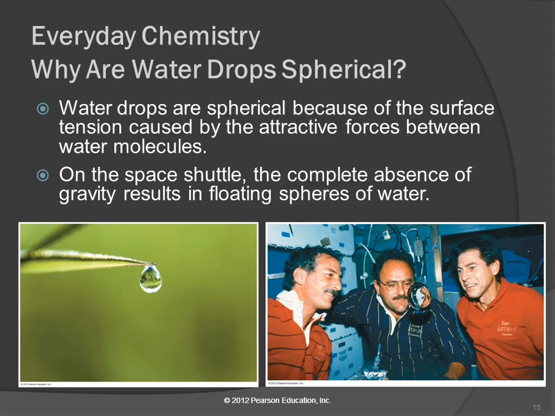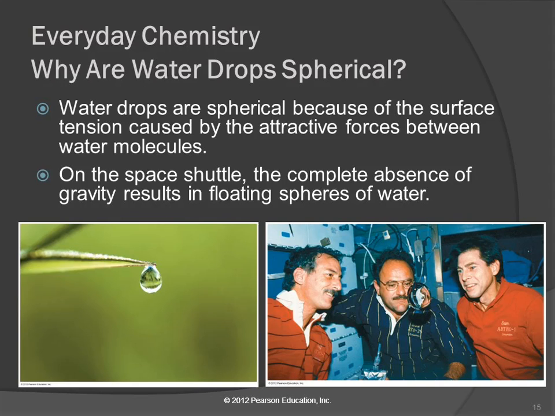And this is the reason that water drops are spherical. This is a picture taken in the space shuttle. That's a really big drop of water, and it forms a sphere. Water forms a sphere because all the particles are being pulled to the inside, and it wants to reduce its surface area.